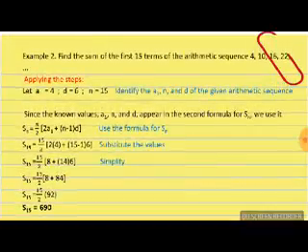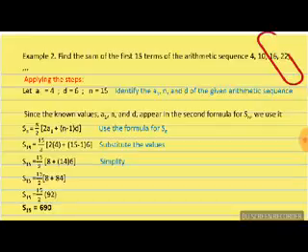For the second example, find the sum of the first 15 terms of the arithmetic sequence 4, 10, 16, 22. So applying the steps, identify the a sub 1, the n, and d of the given arithmetic sequence. So we have a sub 1 is equal to 4, d is equal to 6, n is equal to 15.